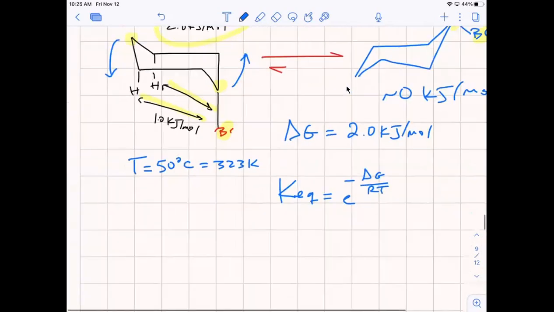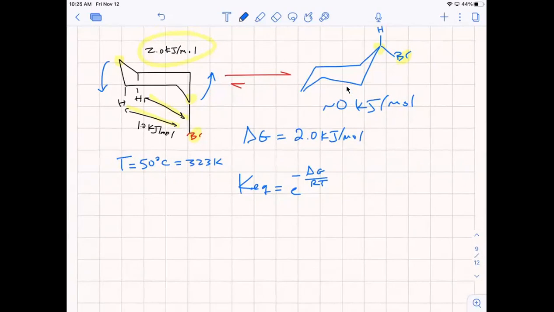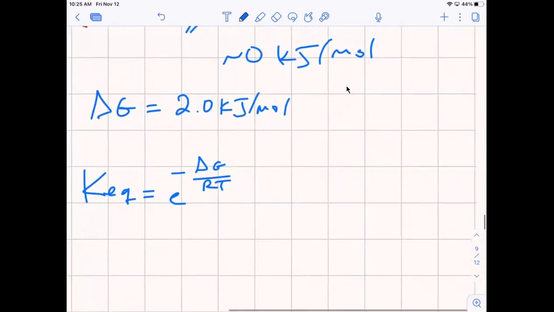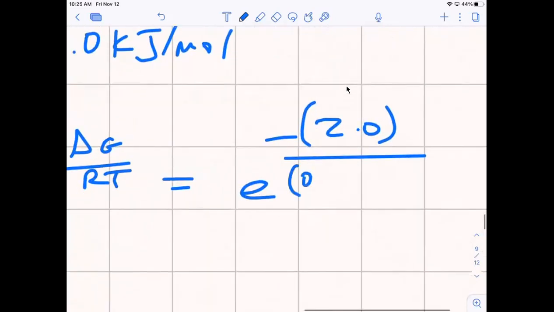Let's say the temperature is at 50, so it's going to be 323 Kelvin. So let's just plug the numbers in and see what the ratio is at that temperature. So this is 2.0, negative, divided by 0.008 times 323.